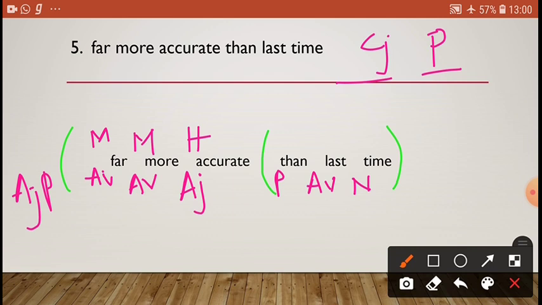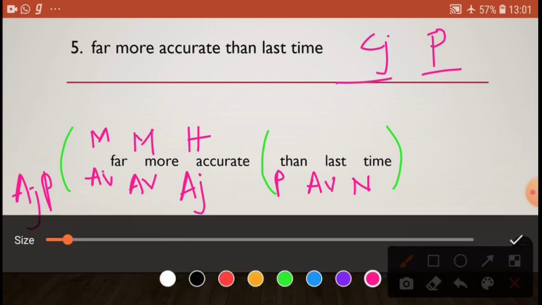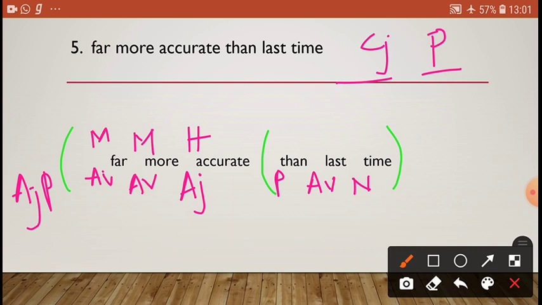As than is preposition, and it tells about time, the noun, time is the head word here. Last is modifier. This whole phrase functions as modifier to the word accurate, and as the phrase begins with preposition, this is a prepositional phrase.